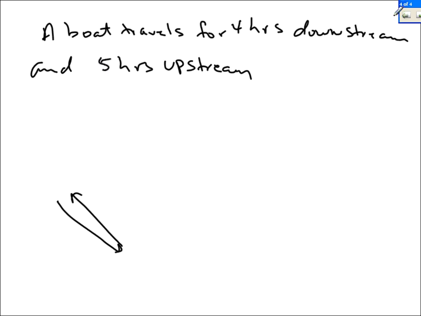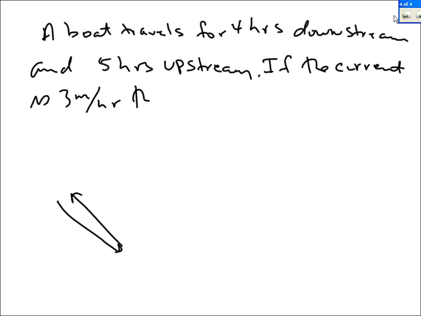Distance is the same. If you come to know that the current of the water is 3 miles per hour, then how fast is the boat going in still water? How fast is the boat going on its own, without the help of the current, or without the hindering of the current?